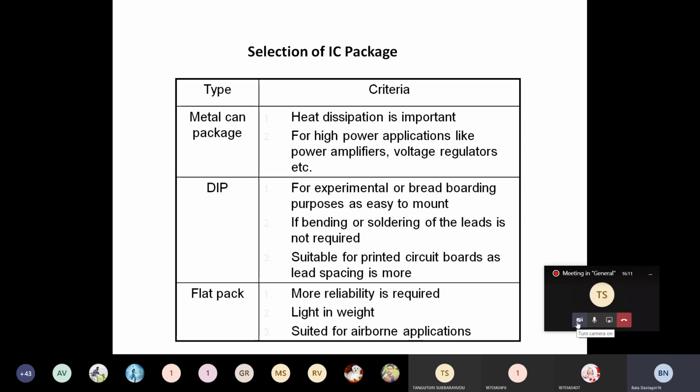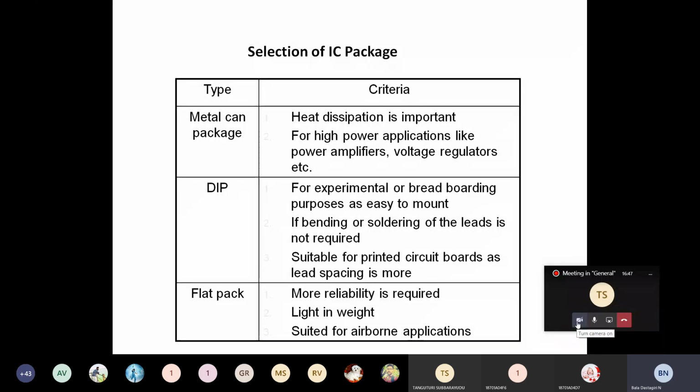The ICs which require less weight and more reliability, and moreover the ICs which are used in airborne applications, for such applications we have to use the flat pack type of packaging. These are the selection criteria of the IC package. If the heat dissipation is very high or important, that is for high power applications like regulators and power amplifiers, we can use the metal can package.